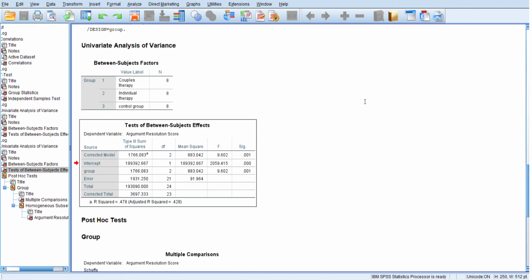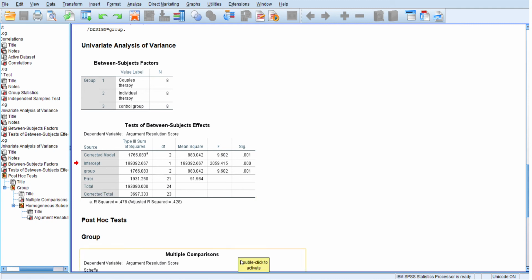Then we're going to need to put another set of parentheses and do a subscript. The first thing we need to report here is our degrees of freedom for our variable. We find our variable row again, and we look over until we get to the degrees of freedom. The DF here stands for degrees of freedom. The one that corresponds with our variable row, which is group, gives us 2. So we're going to type 2 here.